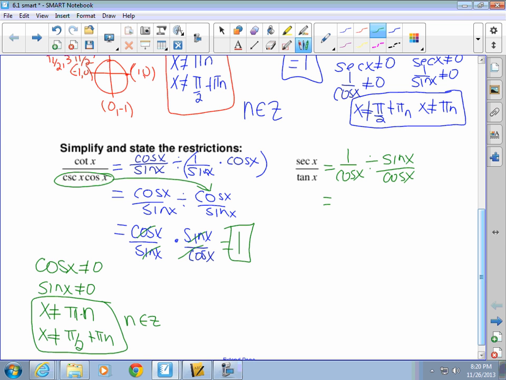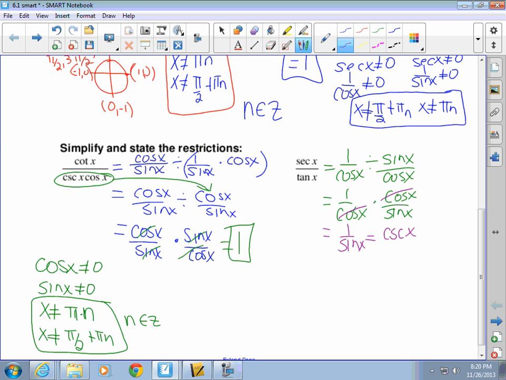So I have 1 over cos x times cos x over sin x. So cos x, I should have used a different color. Cos x and cos x cancel, so this is 1 over sin x, which is the same as cosecant x.